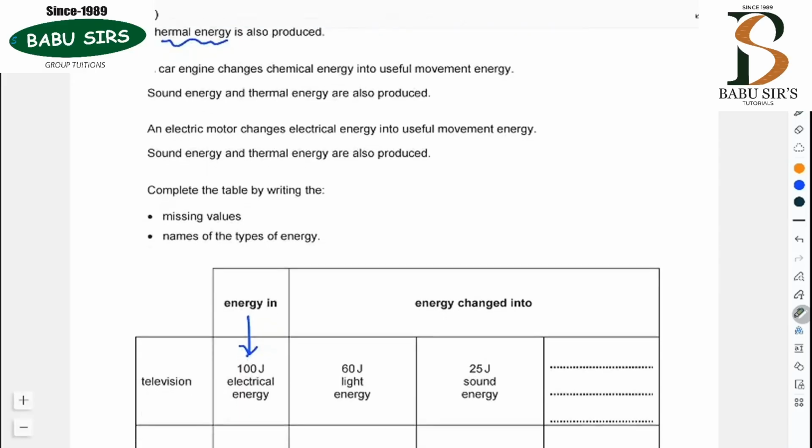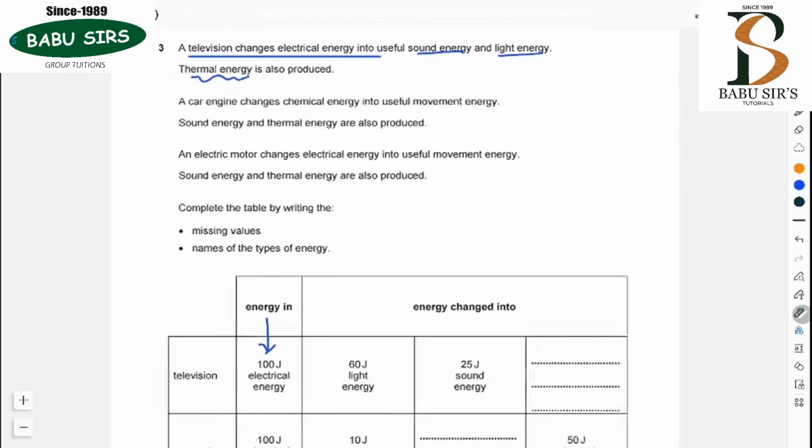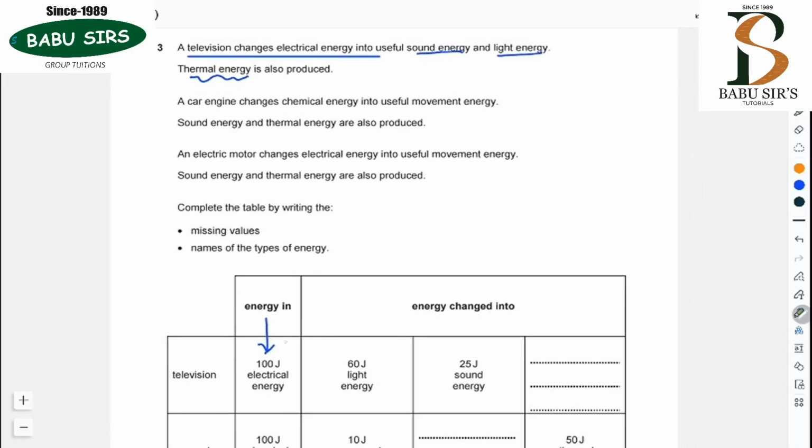So your television becomes hot also. The same energy is transformed into light, then into sound, and then into thermal energy.